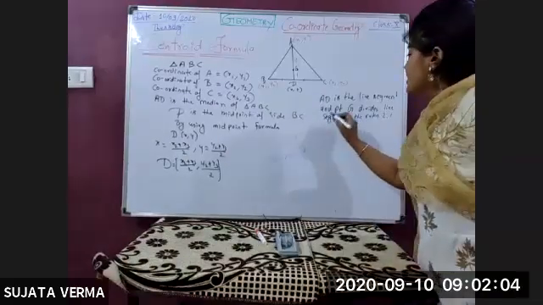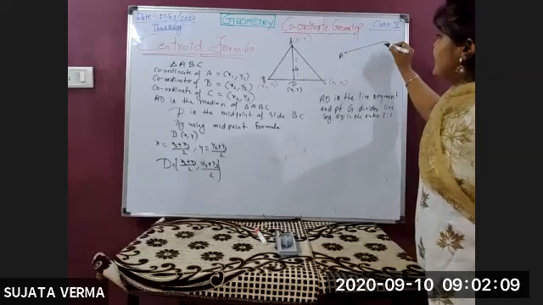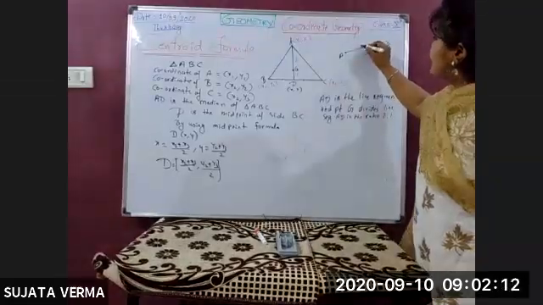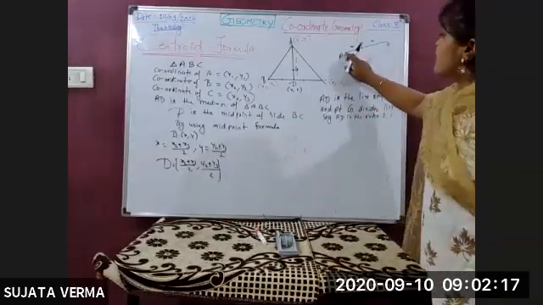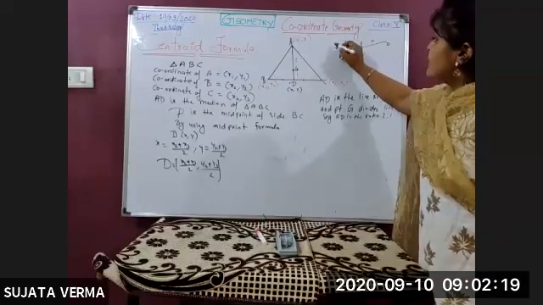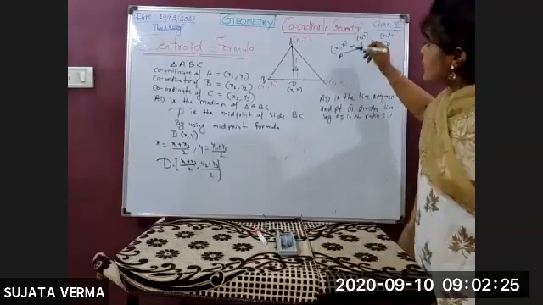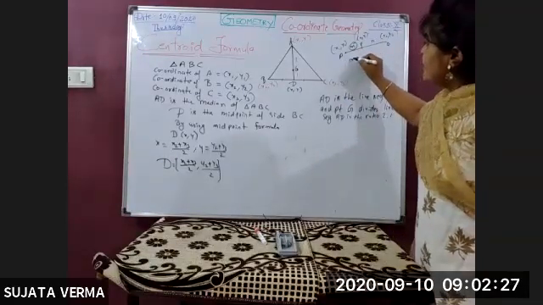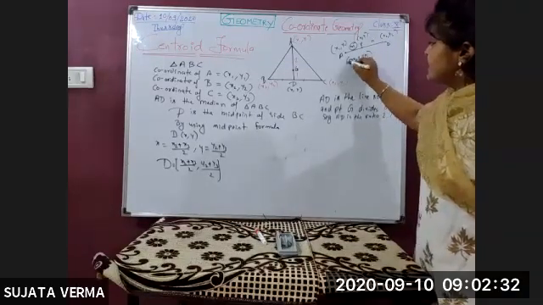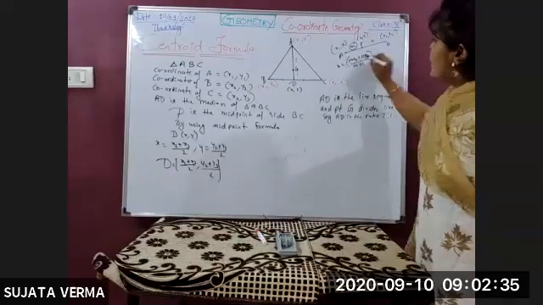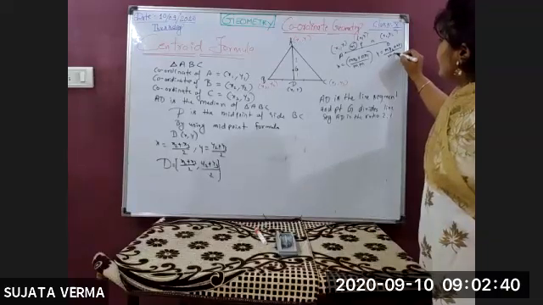Okay. Then here we know the section formula. AB is the line segment and P divides the line segment in the ratio m:n. Yesterday we derived this formula. So we write here x1, y1, x2, y2. Then how will we get the coordinates of point P? We write x is equal to (mx2 plus nx1) divided by (m plus n), and y is equal to (my2 plus ny1) upon (m plus n).